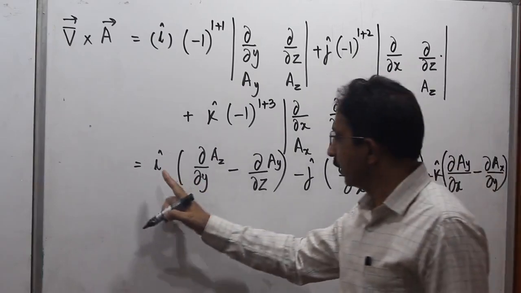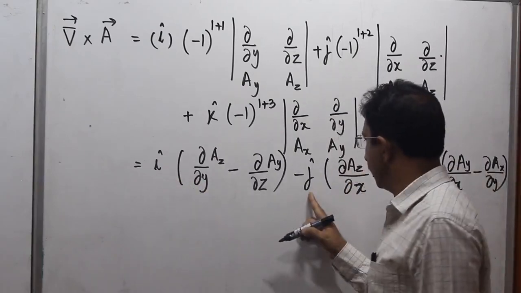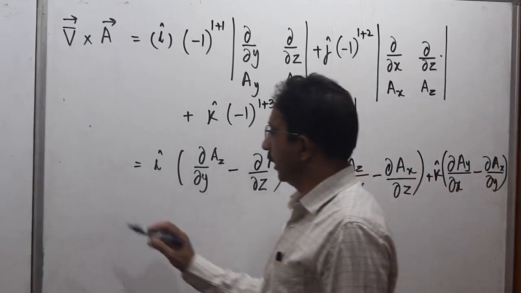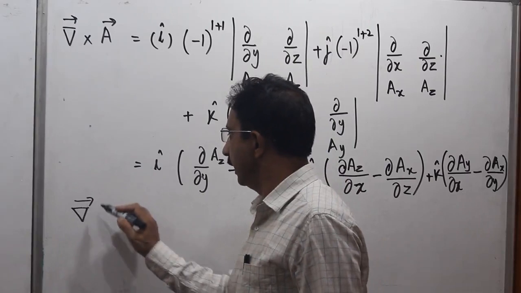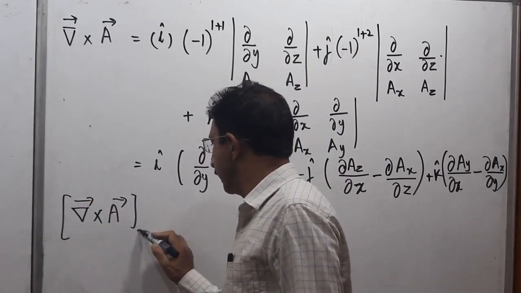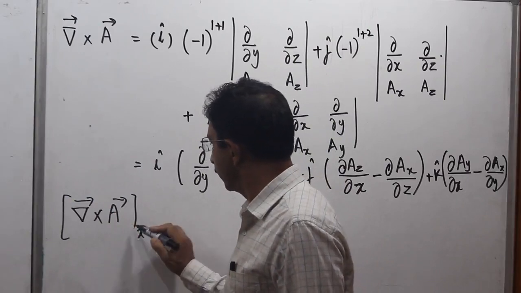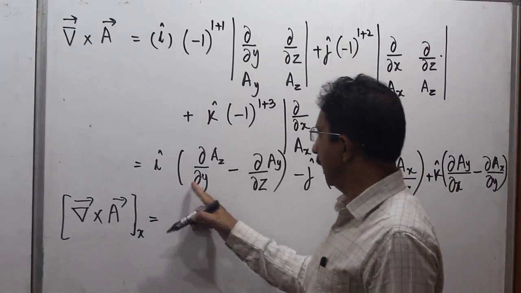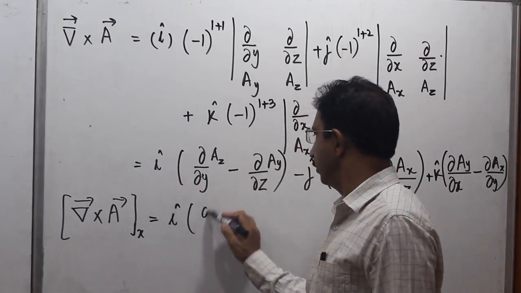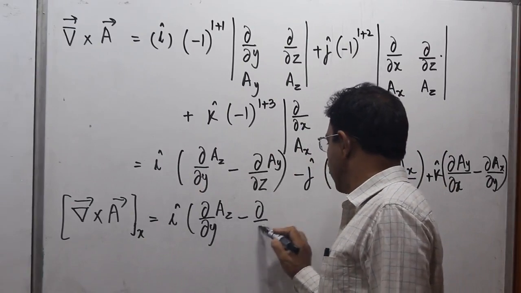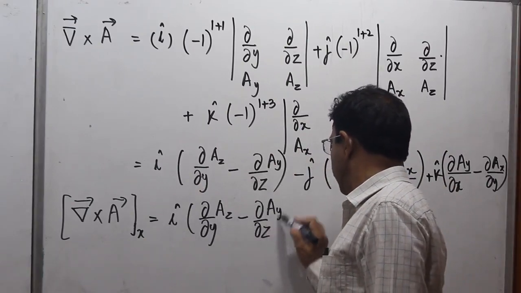Now see, there are three components in this: there is the i component, that is the x component, there is the y component, there is the z component. So if we take the x component of del cross A, the curl of A, this would be the x component of this, so that would be equal to i cap into dou over dou y of az minus dou over dou z of ay.